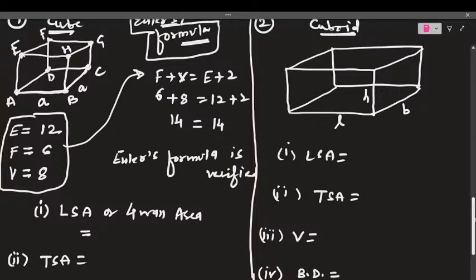Like this formula will be there for cone, this 1/3 formula will be there for pyramid, and the base area into height formula will be valid for prism, even valid for cube, cuboid, cylinder as well. Base area is here A square, height is also A, or L, whatever you assume. If I'm writing A equal to L, then it's L square into L, L cube, and body diagonal is √3 L.